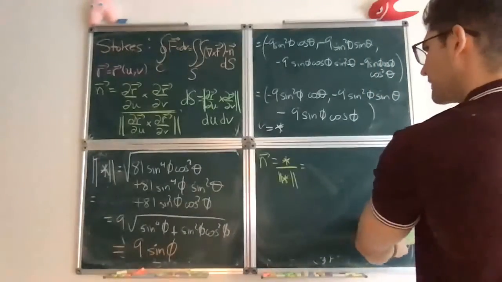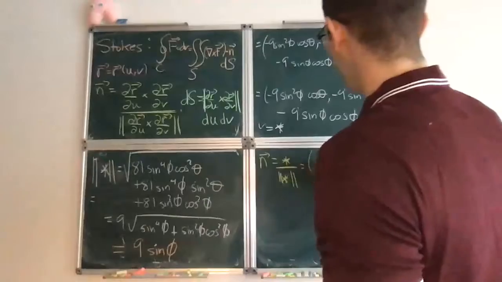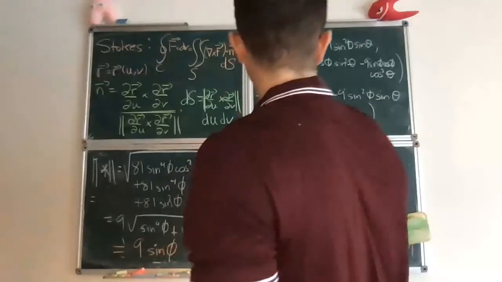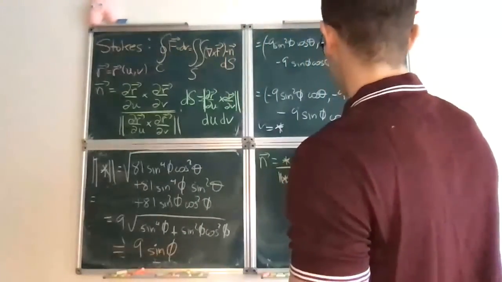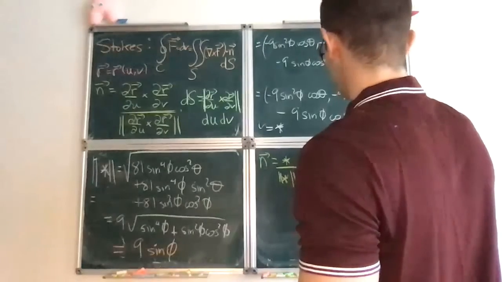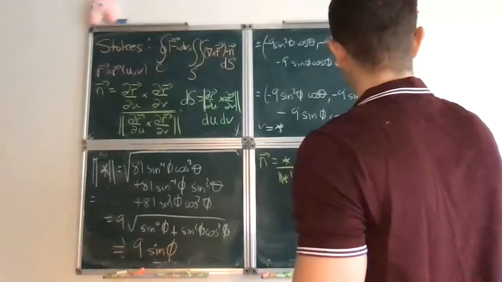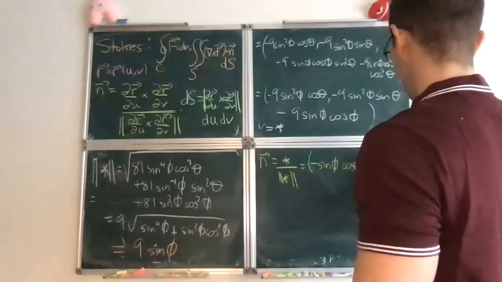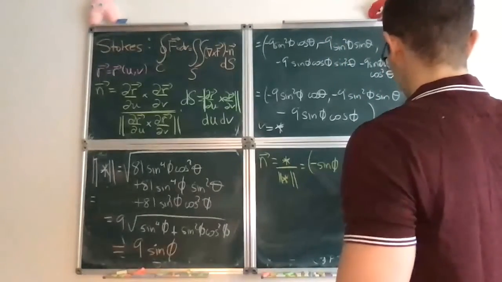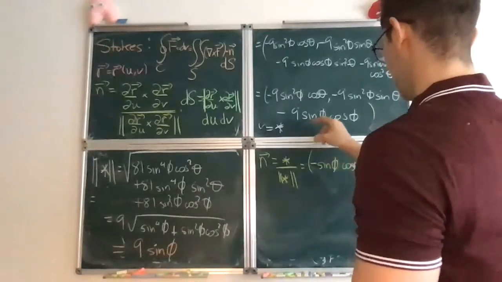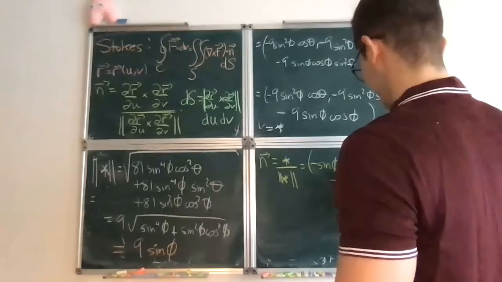So you're dividing this, the 9's go away everywhere, and then you're dividing by sine of phi, so you get negative sine of phi cosine of theta, negative sine of phi sine of theta, and then you get negative cosine of phi.